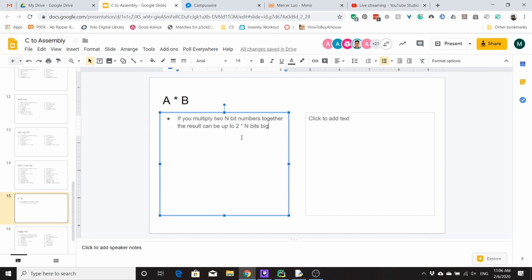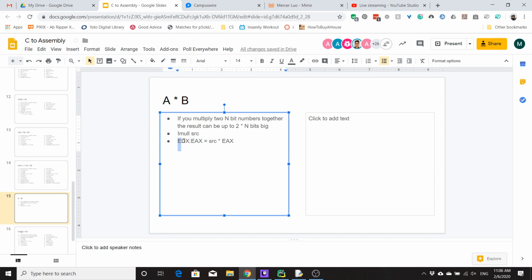So the multiplication instruction is a little bit weird, and it looks like this. It's just imul source, and the effect of this instruction is that EDX:EAX is equal to source times EAX.